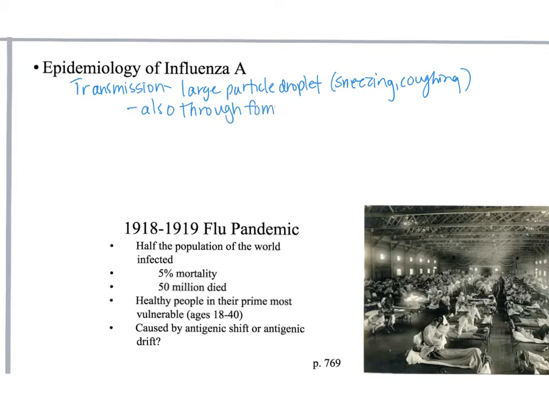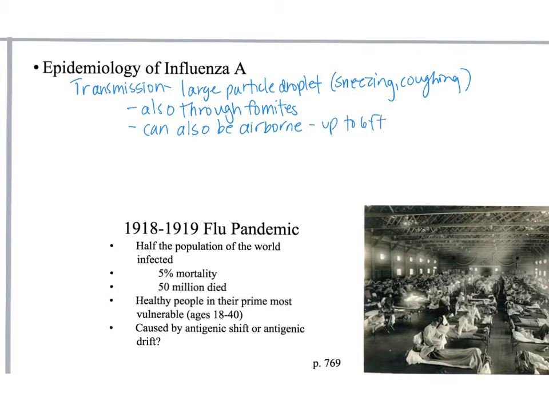And actually, for a membrane-bound virus, influenza is pretty hardy. It can be viable for about a day. Okay, so again, door handles, doorknobs, computer keyboards, that sort of thing, toys at the daycare. It can also be airborne. Okay, so up to 6 feet.